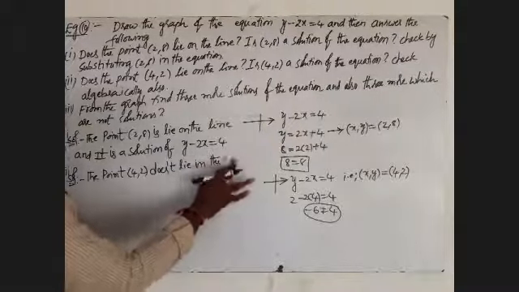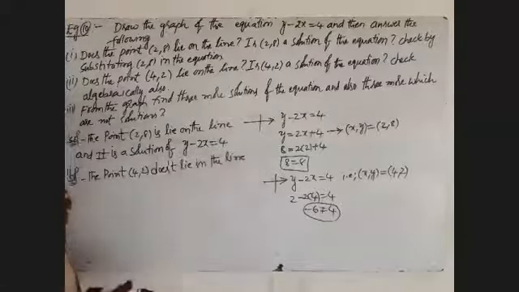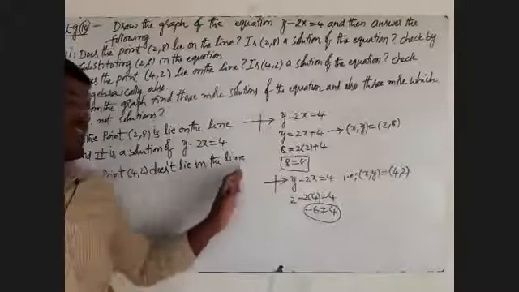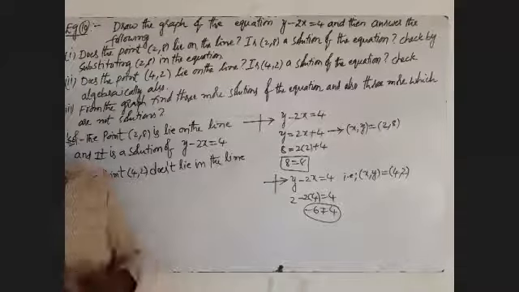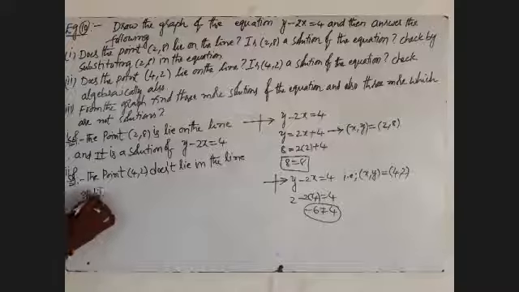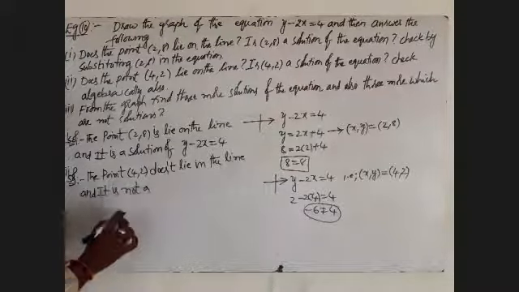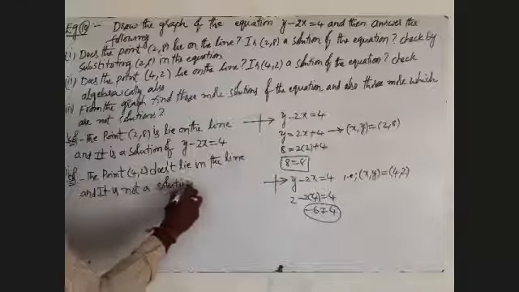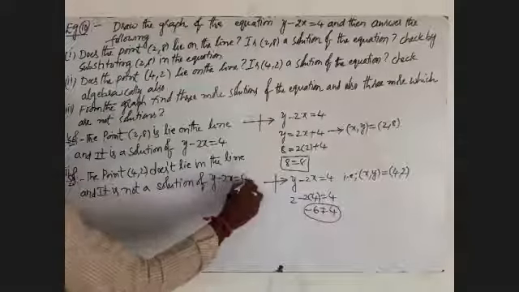When a given point does not lie on the line, it is not a solution of the given equation, so I write it is not a solution of y minus 2x is equal to 4.